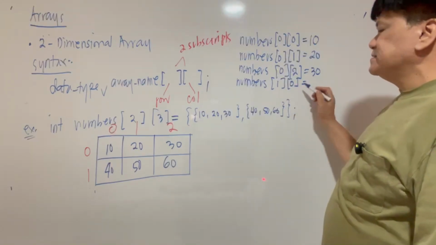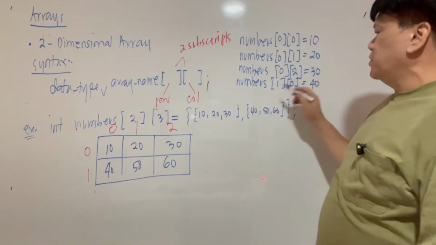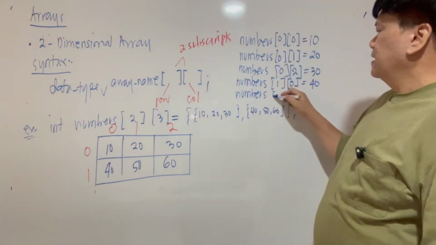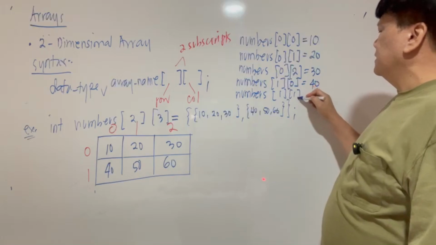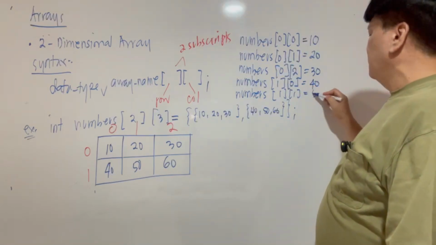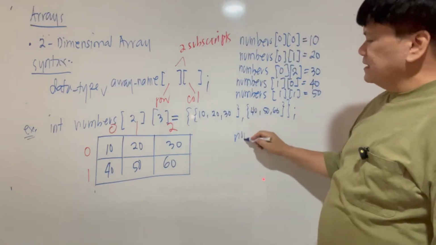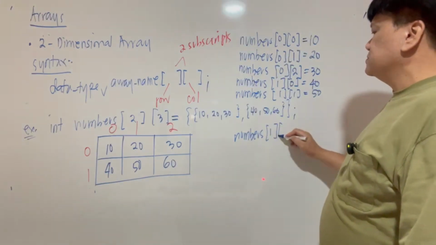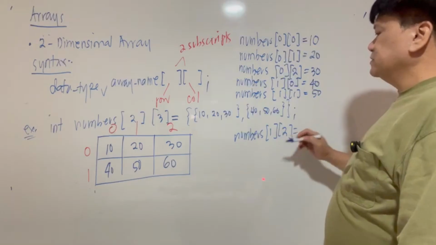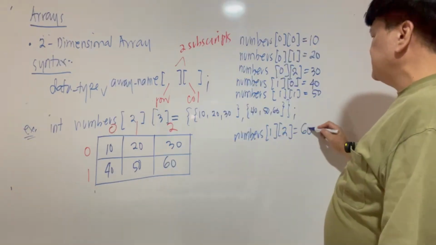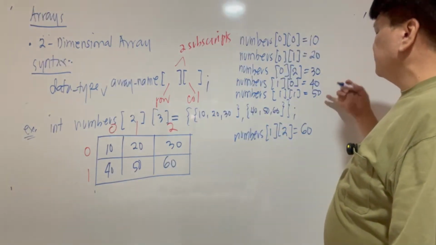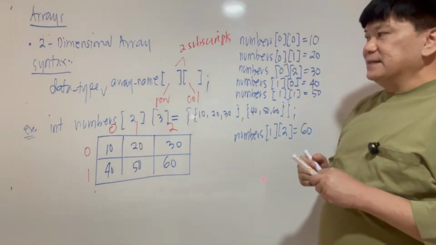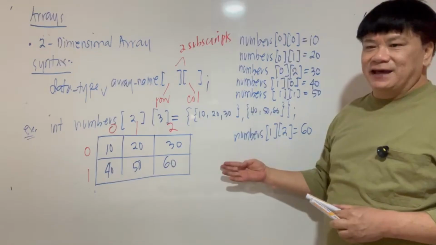So you have 1, 0, that will give you the value of 40. And then numbers 1, 1, that has a value of 50. And then numbers 1, 2, that has an element of 60. So 10, 20, 30, 40, 50, and 60. These are the elements inside the two-dimensional array.